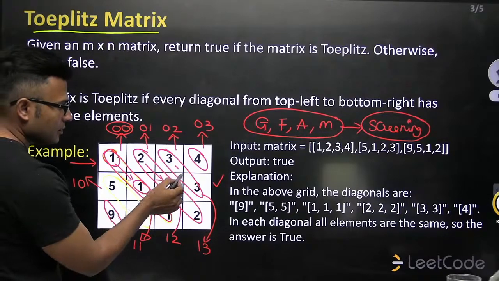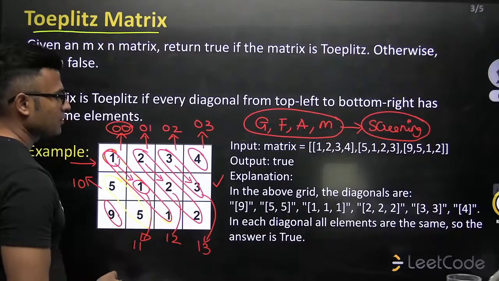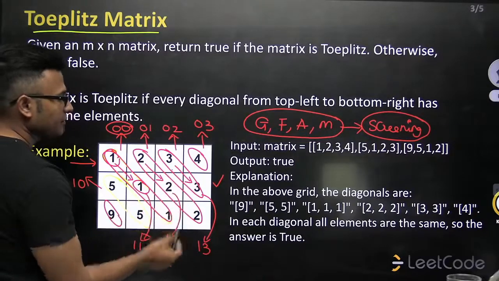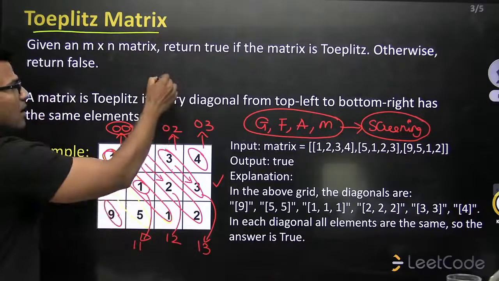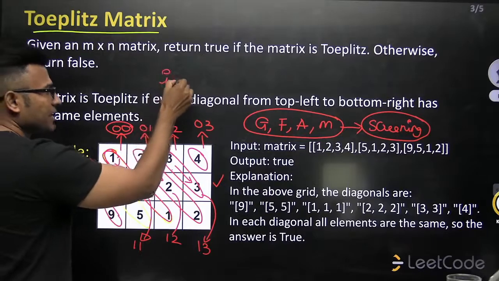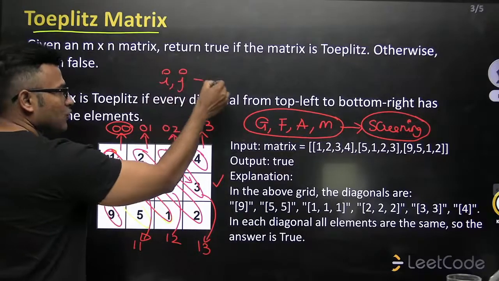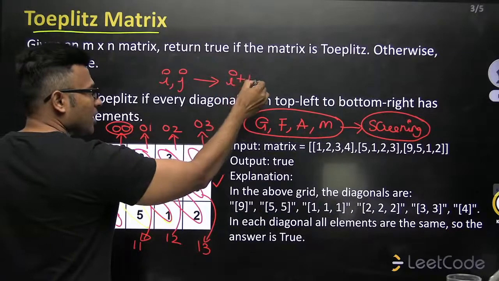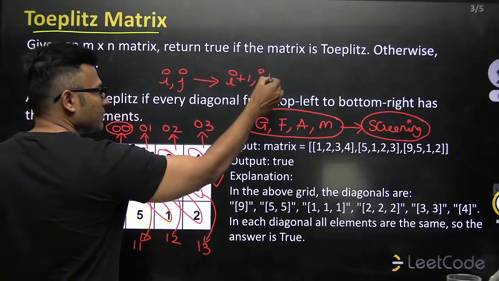And 0 2 element has to be compared with 1 3. So which means element i j has to be compared with element i plus 1 comma j plus 1.